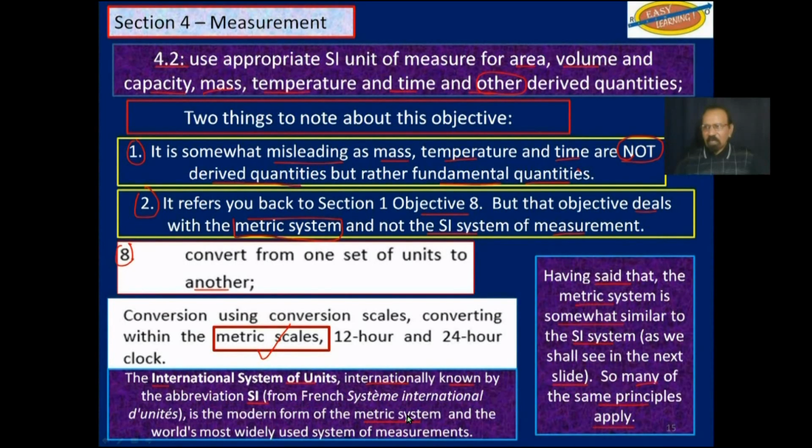Now, I know I said International System of Units, but if we use this French name, Système International, that's where the SI comes from. The SI is the latest system, and it's an upgrade of the metric system. So I am not too sure why CXC says you need to know the metric system and the SI system, but we will try to do our best to deal with both of them.